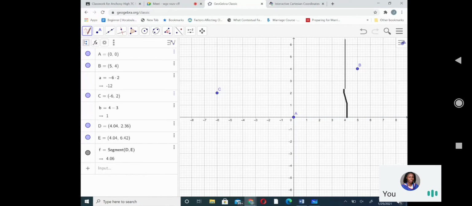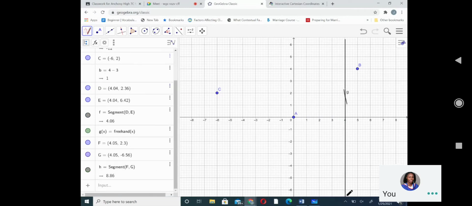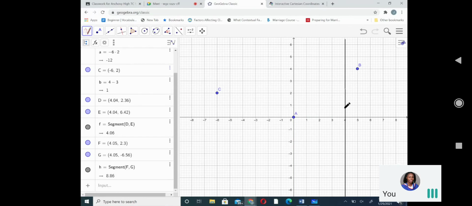Forgive my not so straight line. This app doesn't have a ruler function. All right, so that's the line x equals 4, right? And then the other coordinate was what?